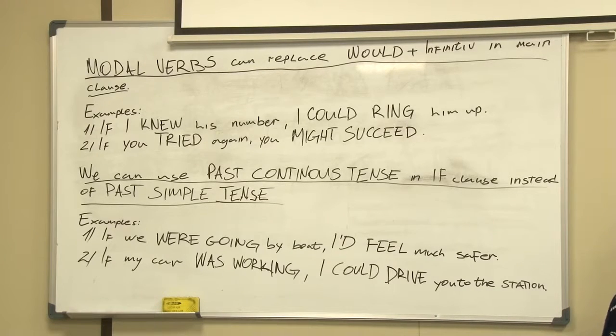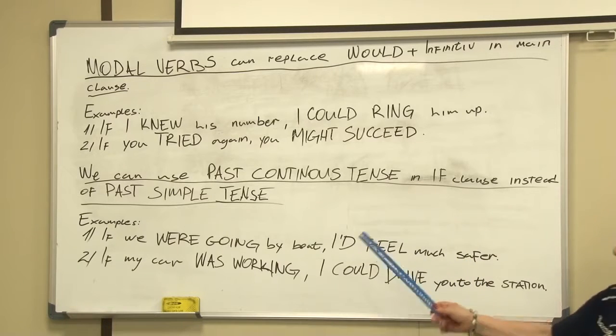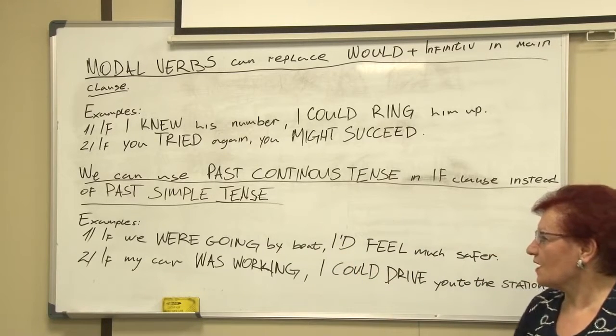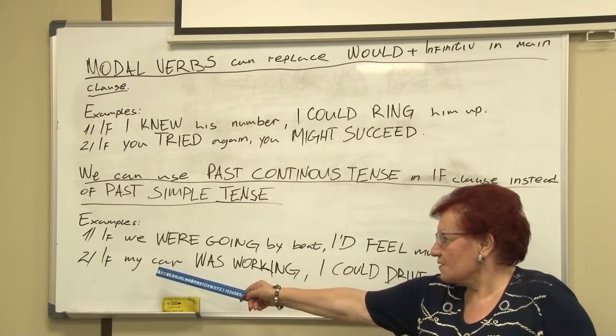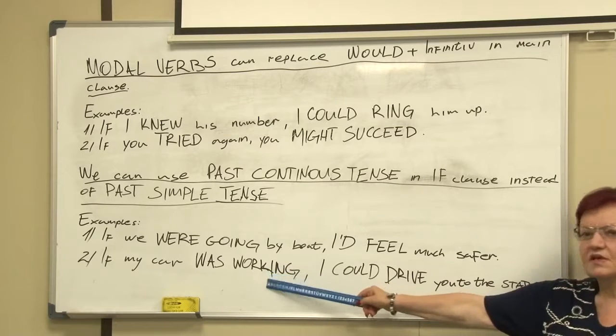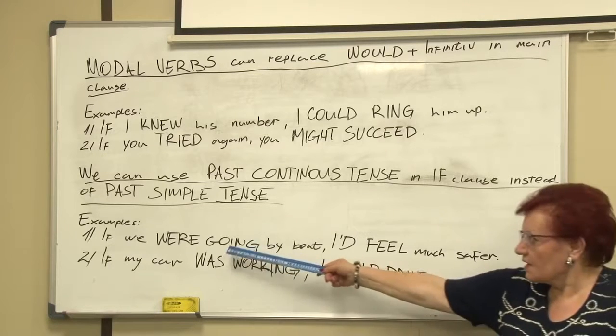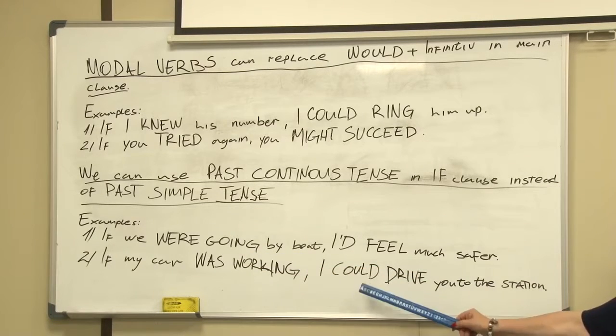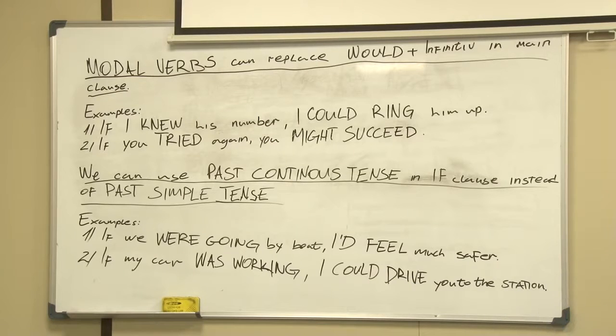Maybe for foreigners it is not always easier than using the full form. In the second sentence we have, if my car was working, which is again a continuous tense, like in the previous one, I could drive you to the station.